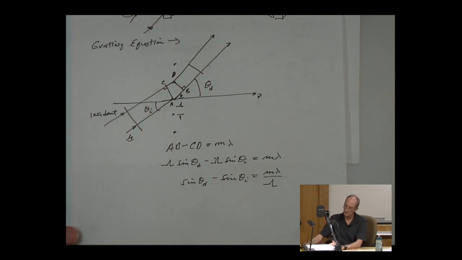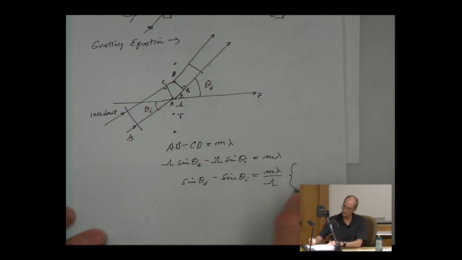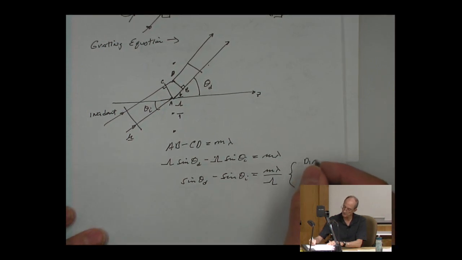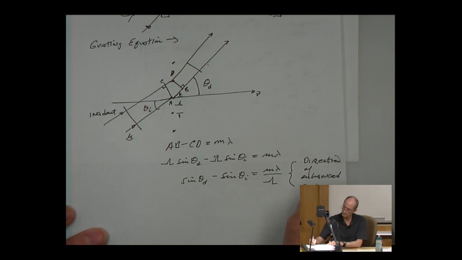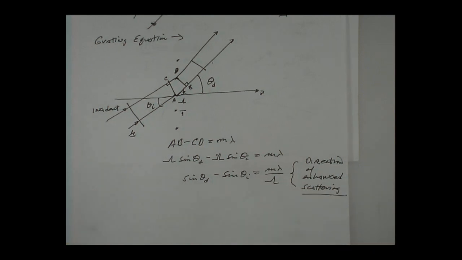So again, this grating equation tells you the direction of enhanced scattering, whereby we have this coherent reinforcement of the fields in these directions where the path length differences are integer values of the wavelength.